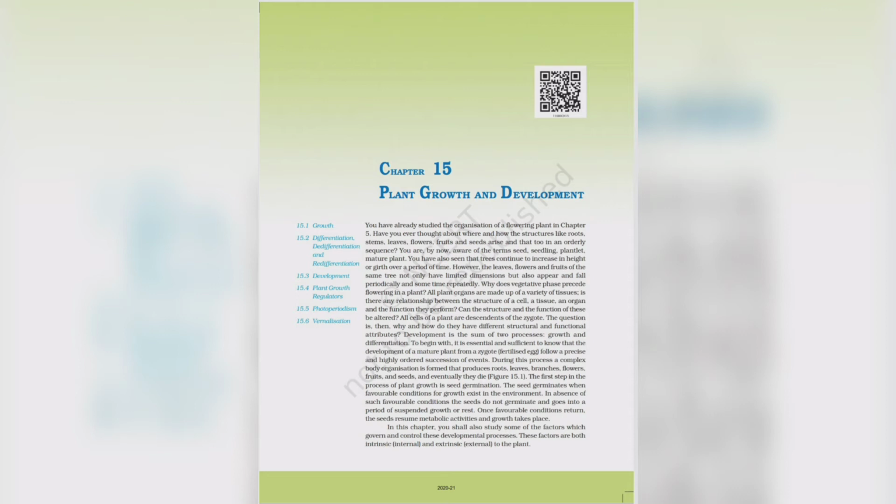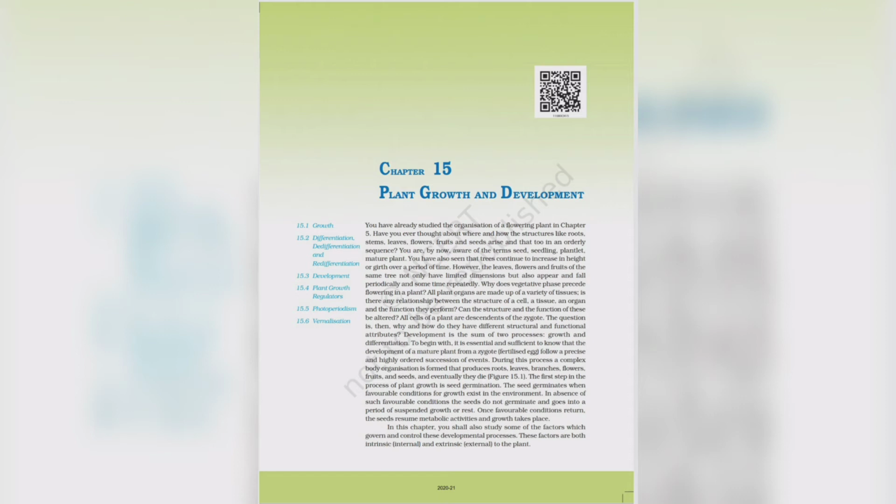The PGRs can be broadly divided into two groups based on their functions in the living plant body. One group of PGRs are involved in growth promoting activities such as cell division, cell enlargement, pattern formation, tropic growth, flowering, fruiting, and seed formation. These are called plant growth promoters. Example: auxin, gibberellin, and cytokinin.